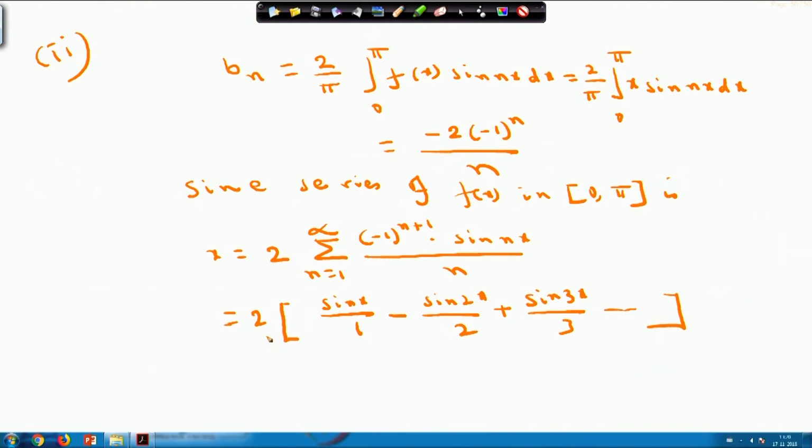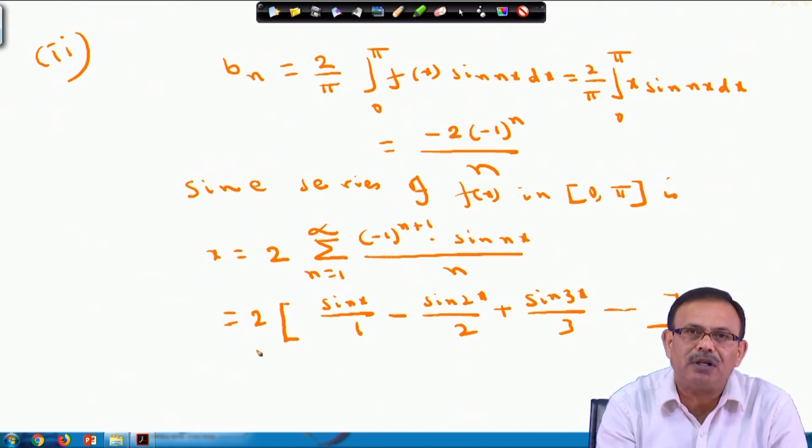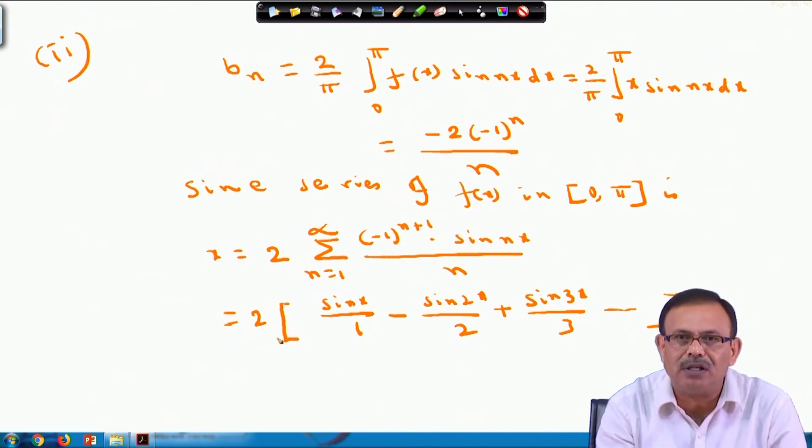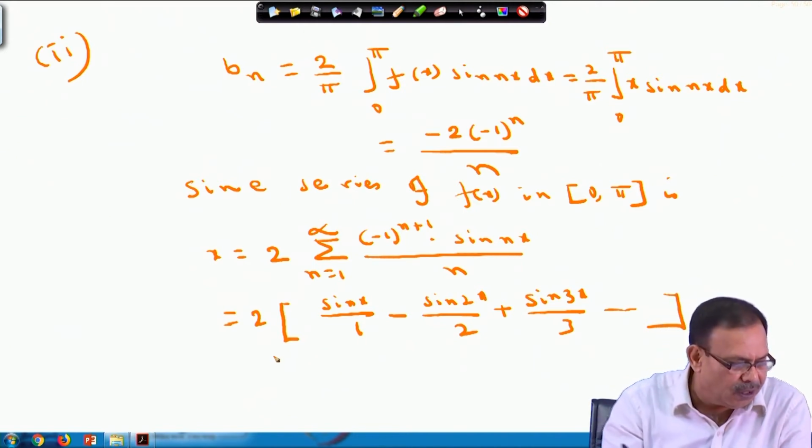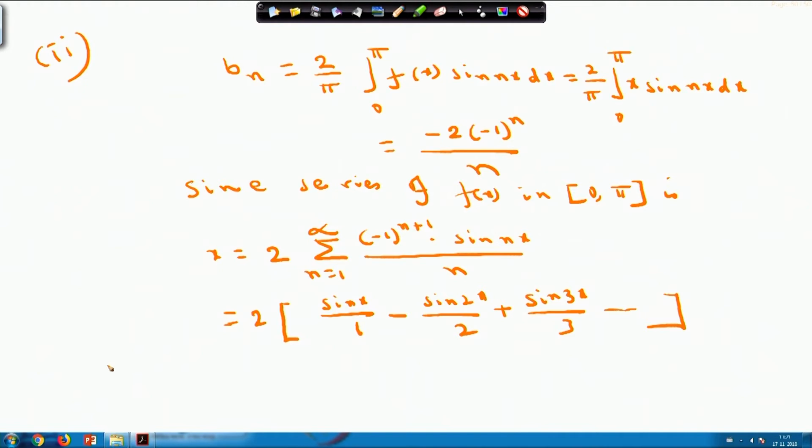Please note, although we are expressing f x equals x once as a cosine series, once as a sine series, they are two different series, but their graph will remain the same in 0 to pi. Now we have to find the value of this series, that is 1 minus 1 by 3 plus 1 by 5, like this way.